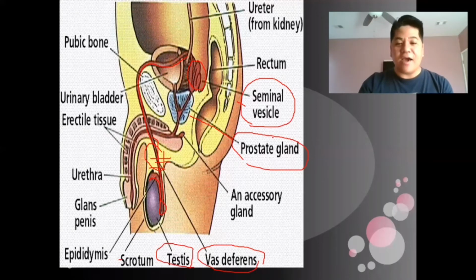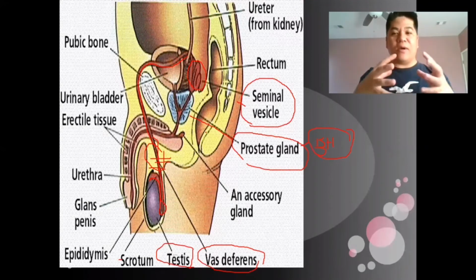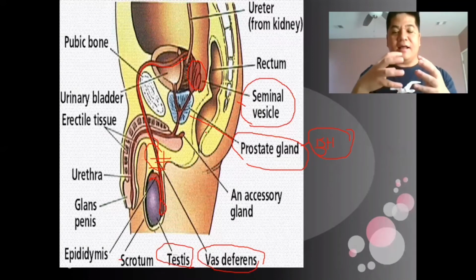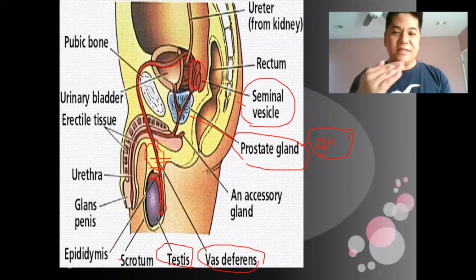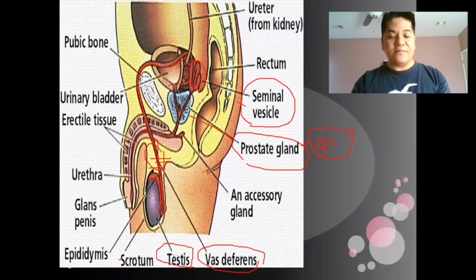Now, the prostate gland in some older people has a problem, it hypertrophies, called BPH. When it swells or gets bigger, that would be a problem. It can push on your bladder here, so urinary frequency is a problem with BPH.